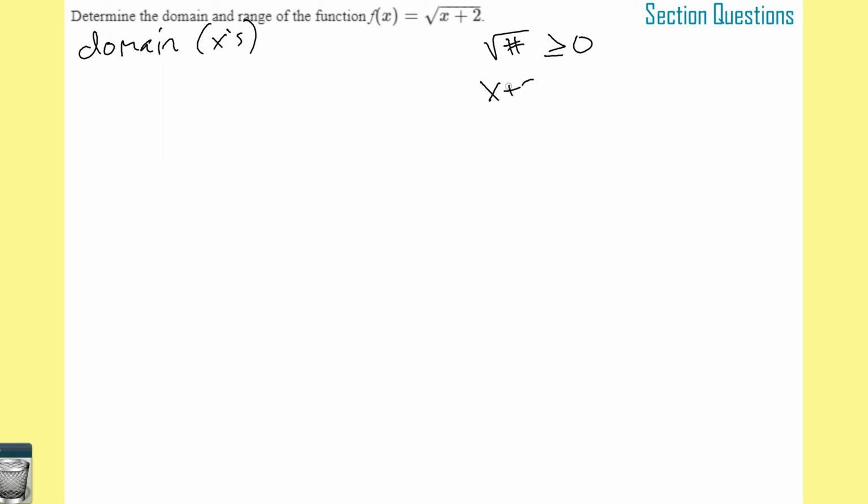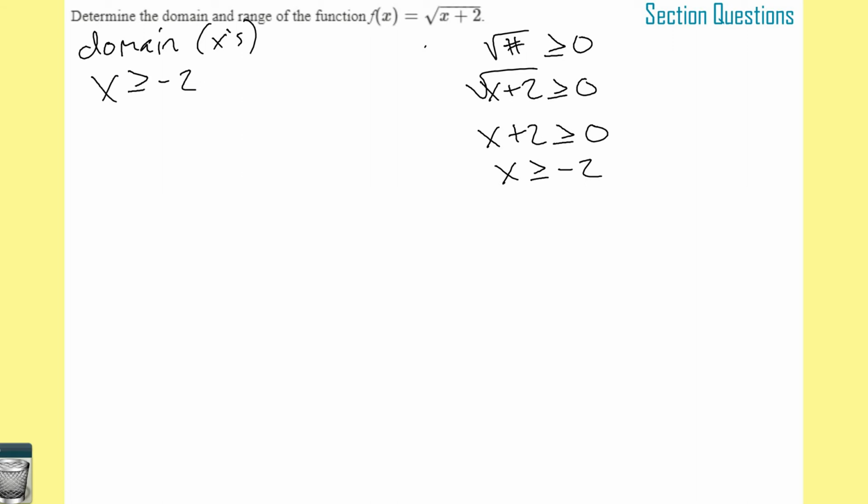So x plus 2 has to be greater than or equal to 0. Really, everything underneath the radical needs to be nonnegative. So x must be greater than or equal to negative 2. That's your domain.